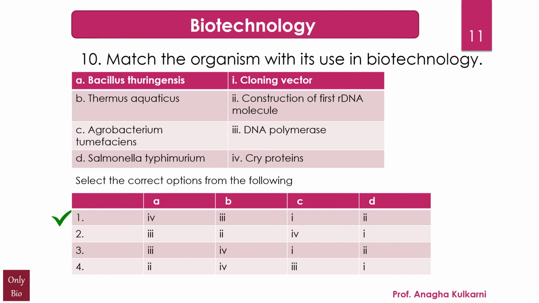Now let's understand more about Agrobacterium tumefaciens. Its scientific name is Rhizobium radiobacter. A synonym at times is Agrobacterium radiobacter. It is the causing agent of crown gall disease. It involves formation of tumors in over 140 species of plants.